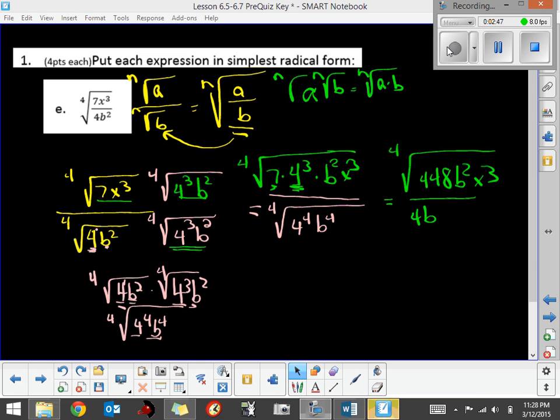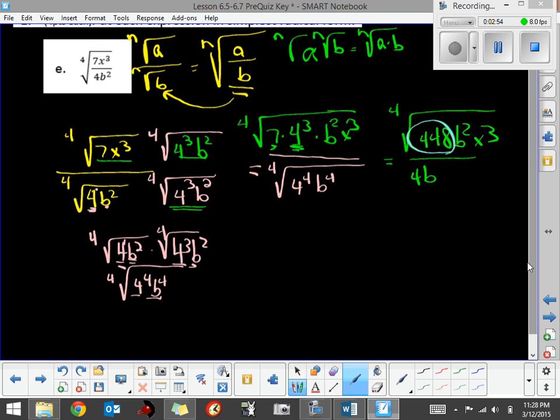And then I did a little investigating. I wanted to make sure there weren't any perfect powers of 4 in 448. So I did a little bit of investigating. I said, what's the smallest perfect power of 4? And that's 2 to the fourth, which is 16. So I took 448 divided by 16, and lo and behold, it went in there.